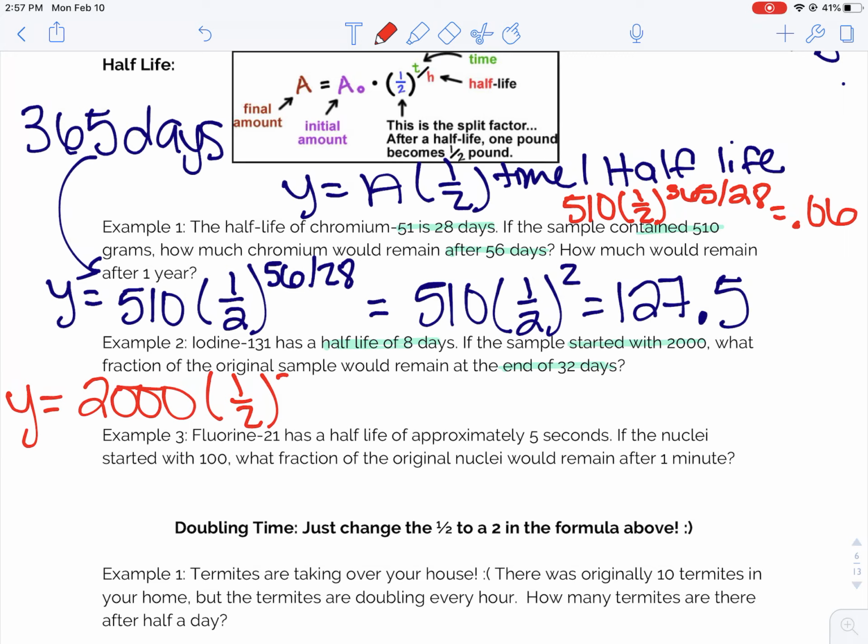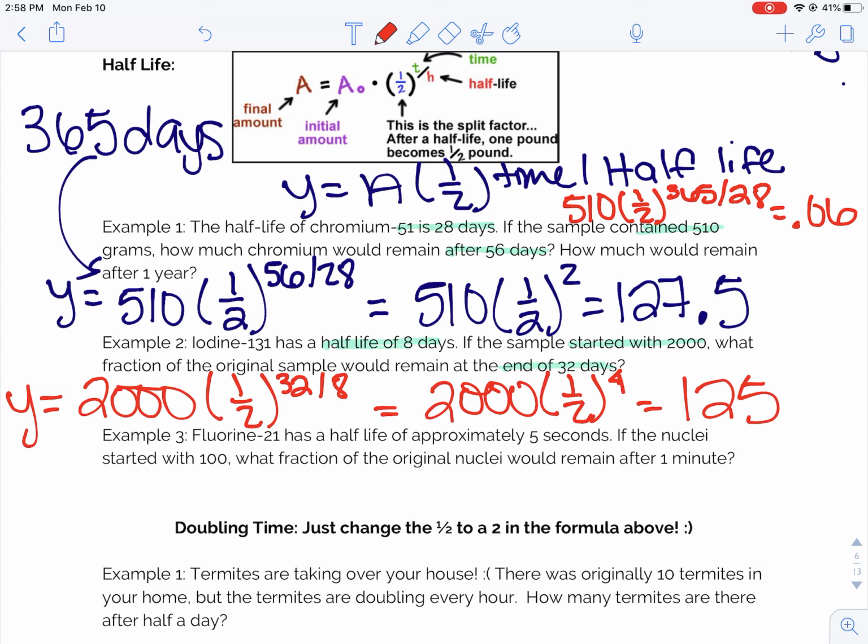I have a half-life problem, so it's 1/2 in there. My total time is 32, and I'm dividing it by my half-life time, which is 8. And I know that that's going to simplify to 4. So plug that into your calculator, and I get 125.